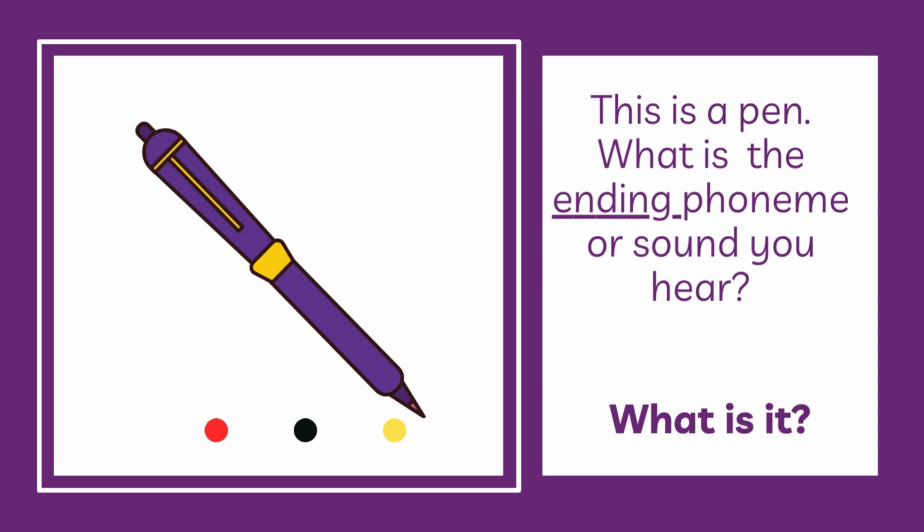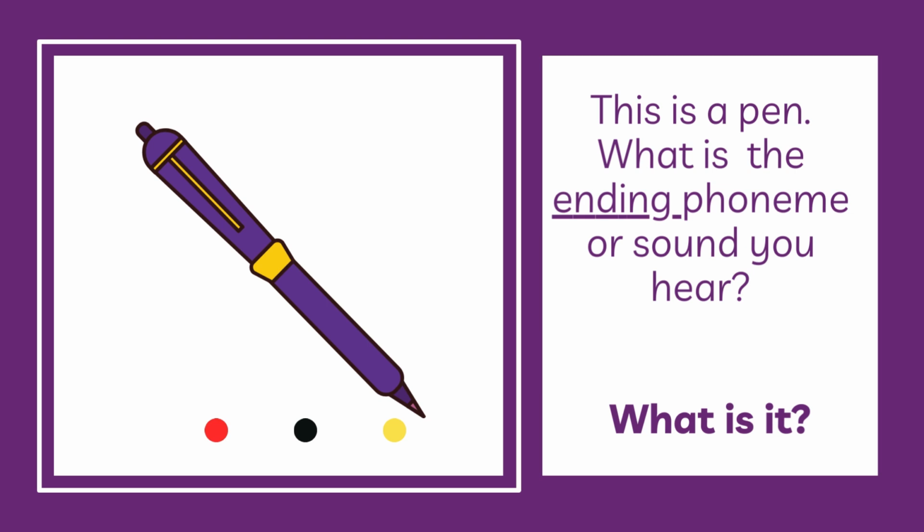Let's do another one. This is a pen. What is the ending sound you hear in pen? Or what is the phoneme you hear in pen? The last sound. Let's do pen. P. Touch your shoulder. E, touch your elbow.